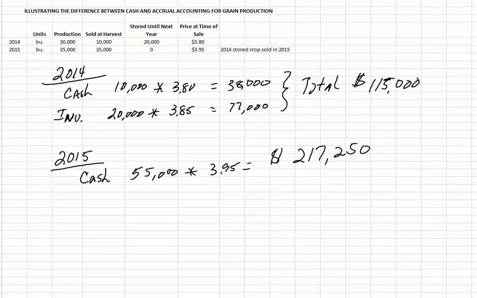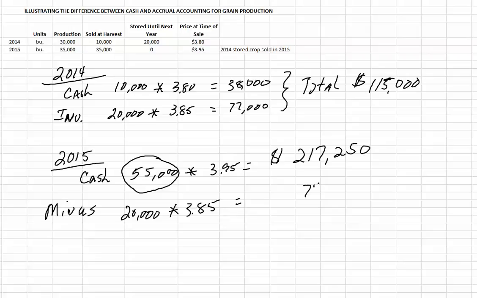So what would happen now when you sell that 55,000 here in 2015, it actually reduces that inventory. In other words, that 77,000 comes out of your chart of accounts. So you would subtract the 20,000 bushels that were valued at 3.85.